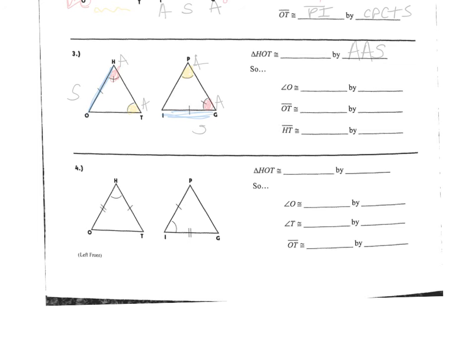And so triangle HOT is congruent to triangle, so let's see, if we start with H here and then we go to O in this direction, that means over here we want to start with G and go in this direction. And so that's going to be triangle GPI.